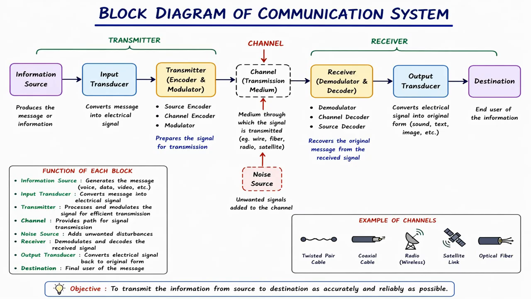Then you have the wireless communication, which will act as the channel, that is, air, and the noise will create the disturbances. Then the other phone, to which person you are talking, that will be the receiver, and the speaker of that phone will be your output transducer. So the listener will be the destination. This is one example, so this is how the communication happens in real life.